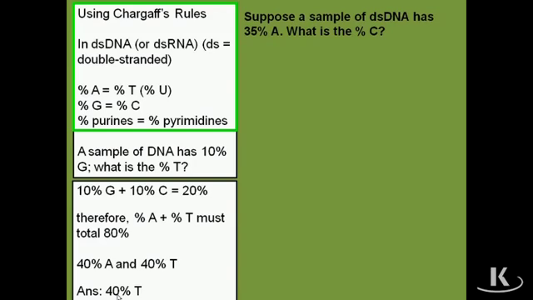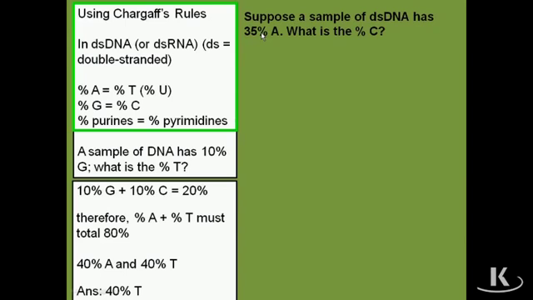Let's practice one more. Suppose a sample of double-stranded DNA has 35% A. What is the percentage of C? Okay, how do we figure this out? What's the first step? If there's 35% A, where do you go next? Well, where you go next is to figure out how much T is there.